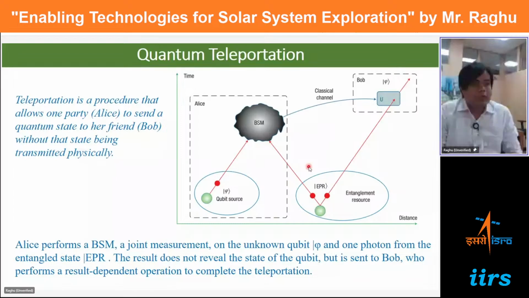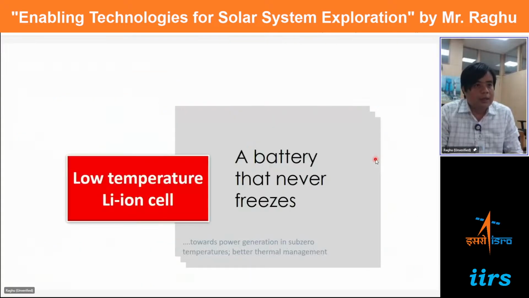Okay. So quantum teleportation is something where you can transmit a quantum state from one photon to another without physically transferring it. Now, the low temperature lithium-ion battery is something I told you about: power is required, but a normal battery cannot work below 0 degrees.